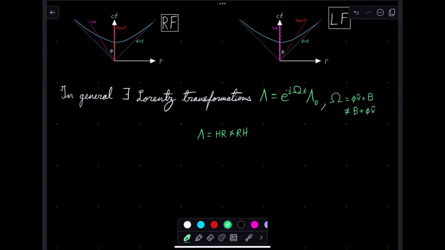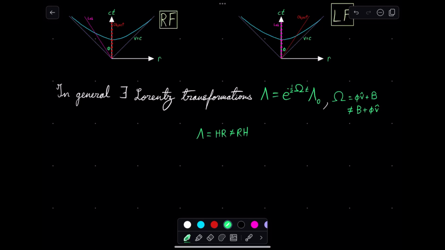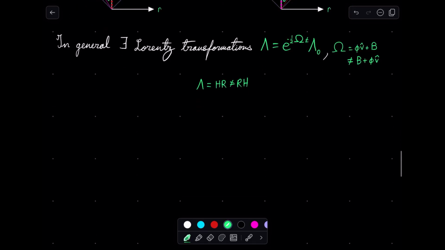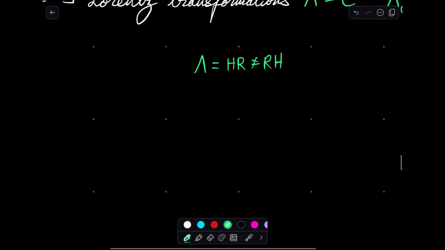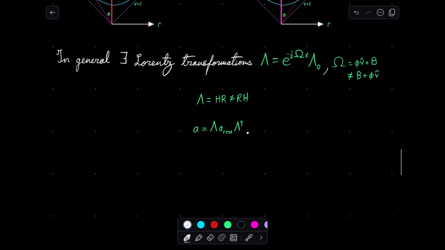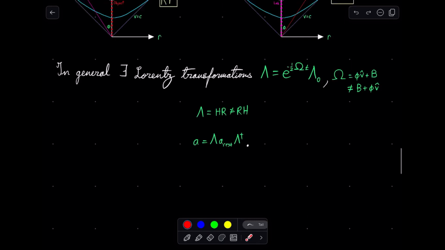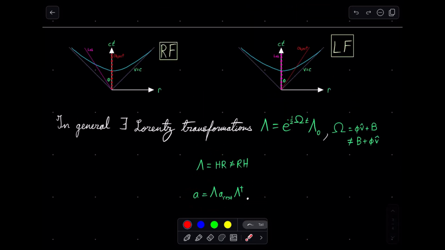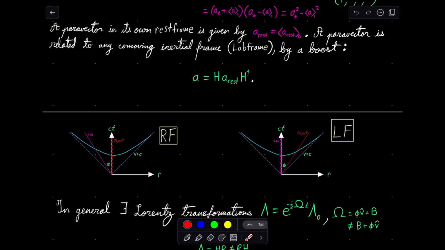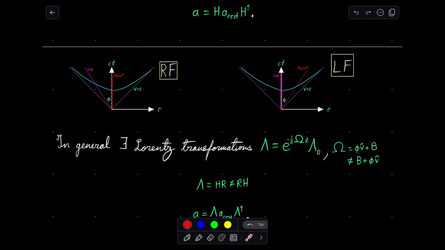So in general, there are these Lorentz transformations, and a paravector will transform as A equals capital lambda A rest capital lambda dagger. This will be how a paravector transforms, which is equivalent to this right here, except it has the rotational component here as well.